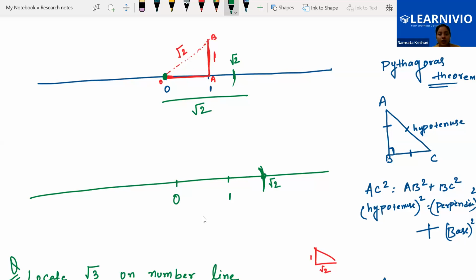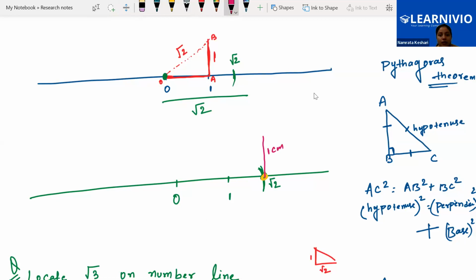On this location, on this yellow dot, you have to drop a perpendicular that is of 1 centimeter. So here only you will draw a perpendicular of 1 centimeter.